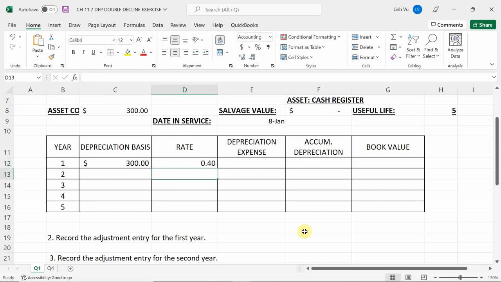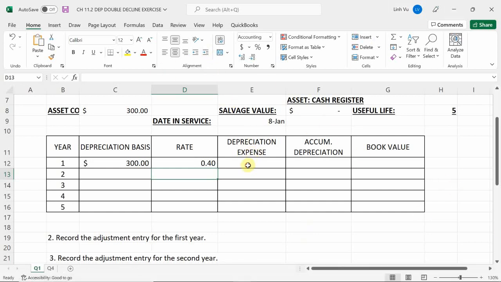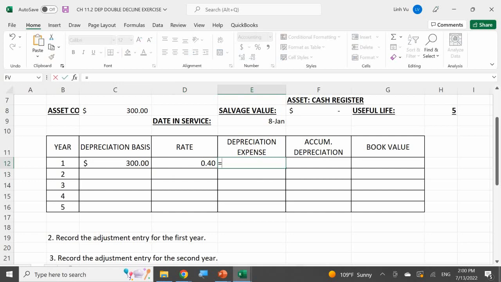So if I'm going to depreciate it for a full year on the first year, how much is my depreciation expense going to be? Depreciation basis 300 times 40%. It would be 120. So, $120.